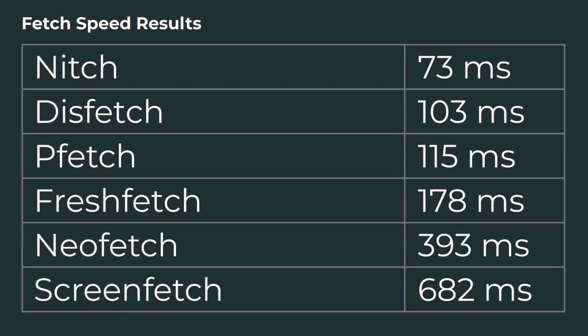But Freshfetch isn't too far behind for one of the full-size ones. Neofetch is pretty sluggish, and Screenfetch, wow, that one has really fallen behind. So if you're looking for speed, Nitch is your king for the micro ones, and if you want speed in the full-size ones, Freshfetch is the one that's going to be the fastest out of these 6 that we tested today.